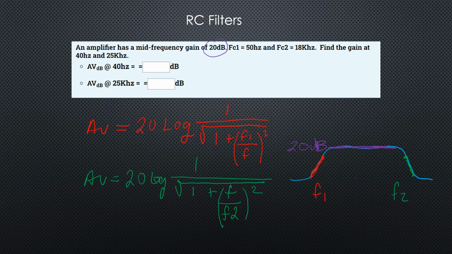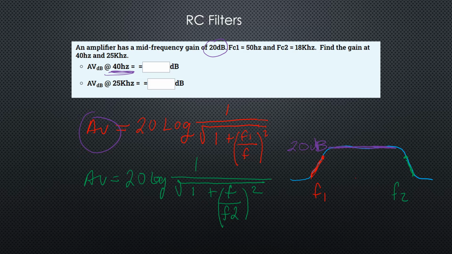Whatever this answer is going to be out of the formula here, you're going to need to subtract that from 20 dB. So you're going to be down below 3 dB, which would be the critical, for example, at 40 hertz right here. You know that. But in order to find the actual dB down, use the formula and then subtract that number from 20, and that will give us the actual dB that we're at.